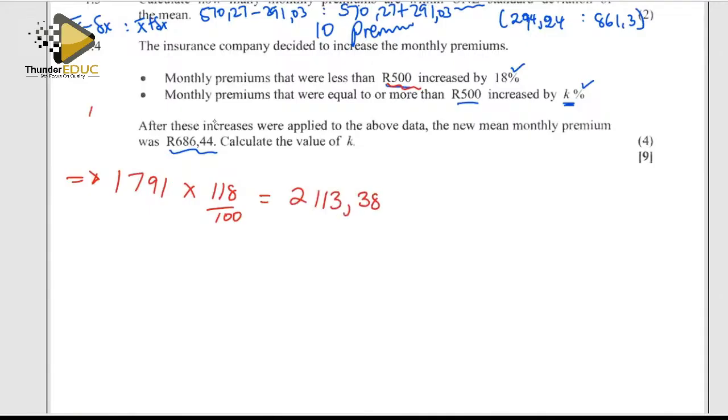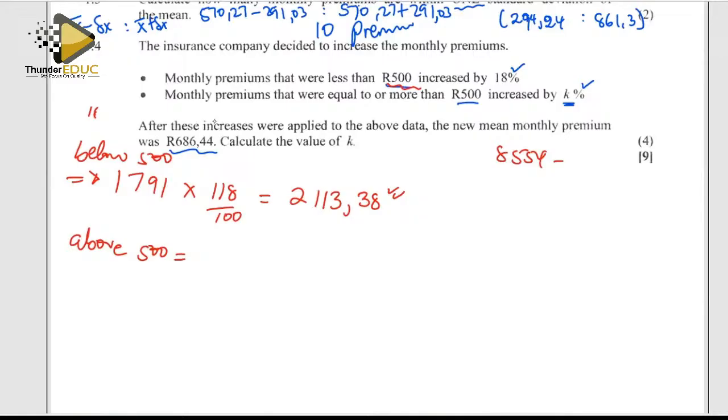Alternatively, somebody would have said 18% of this and then you plus again. So we have this as our first total. Then the amounts above 500, I can just subtract from the total that we had, 8554, this total of ours.